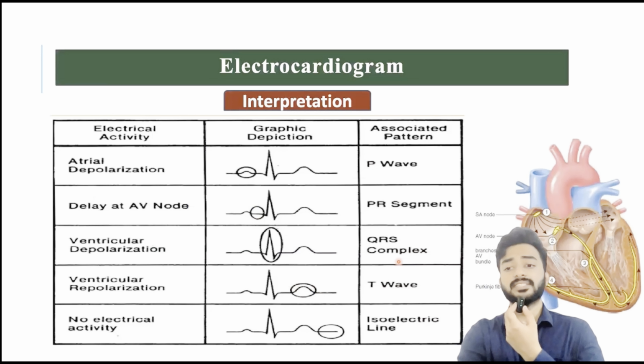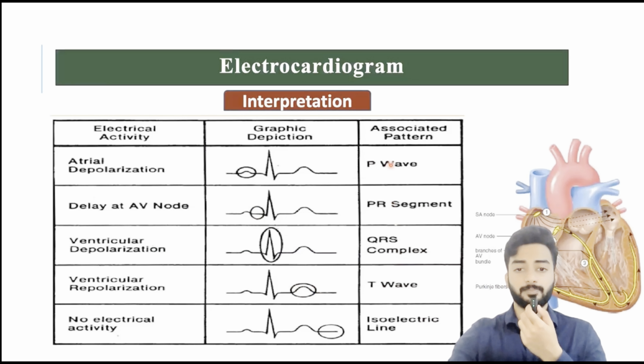So what does this signify? The P wave signifies atrial depolarization, and the PR segment denotes the delay at the AV node. The QRS complex gives the ventricular depolarization. The T wave gives the ventricular repolarization, and the isoline means no electrical activity during that time.